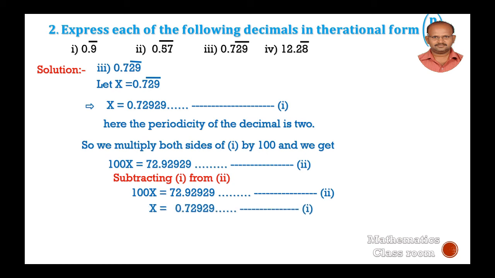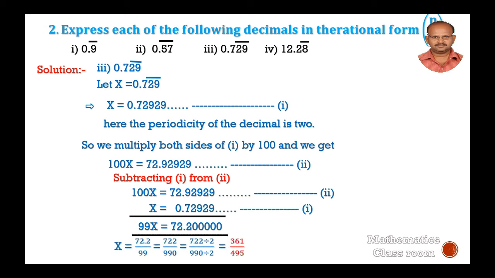Subtracting 1 from 2, 100x minus x is equal to 99x is equal to 72.2. x is equal to 72.2 by 99. Here multiplying numerator and denominator by 10, the point is removed, 722 by 990.